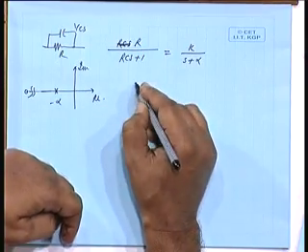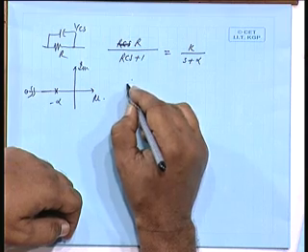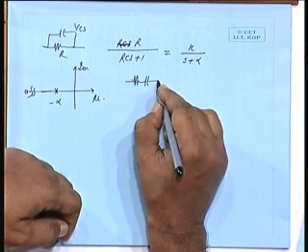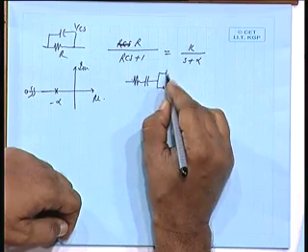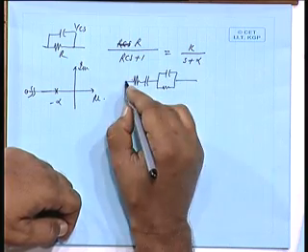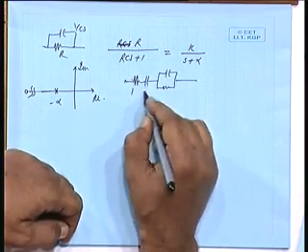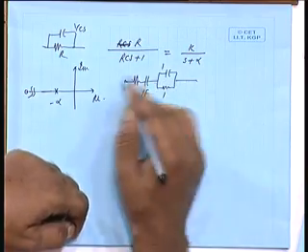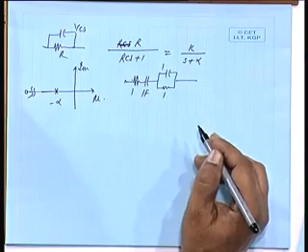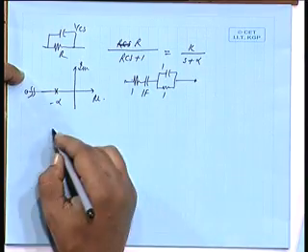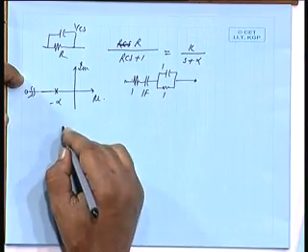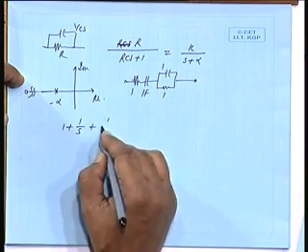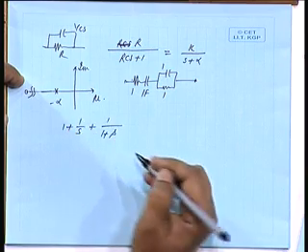When we have a function like this, say 1 ohm resistance, 1 farad, I am just taking 1, all ones. What would be the pole 0 configuration? Let us simplify this. 1 plus 1 by s, plus 1 by 1 plus s.